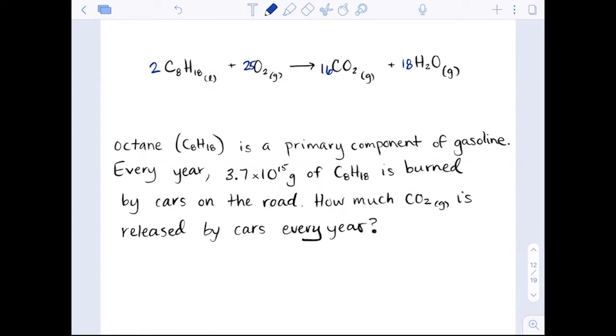Now, octane, C8H18, is a primary component of gasoline, and every year, cars produce about 3.7 times 10 to the 15 grams of, or 3.77 times 10 to the 15 grams of C8H18 is burned by cars on the road. So when that octane is burned, it's a combustion reaction in our cars. And by default, what's coming out of our tailpipes is carbon dioxide, one of the important greenhouse gases that we are looking at to help mitigate and reduce for climate change.